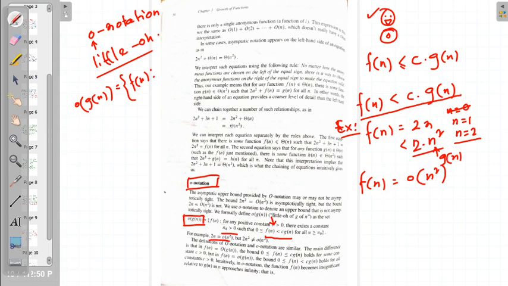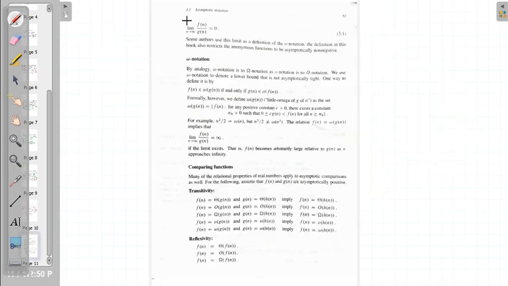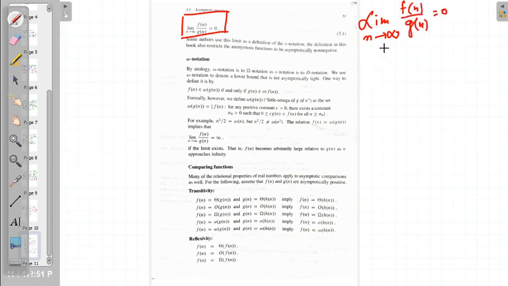There is another alternative definition for this, which is given here, that uses the limit: the limit as n tends to infinity of f(n) by g(n) equals 0.